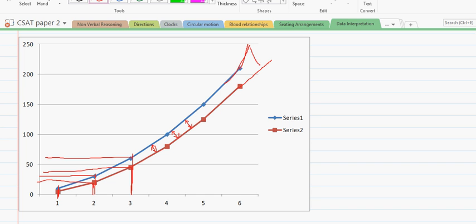So you would see the distance keeps on increasing. In our data interpretation questions, you have to be cognizant of which distance is increasing much faster, right? There can be questions which ask which distance is increasing much faster.